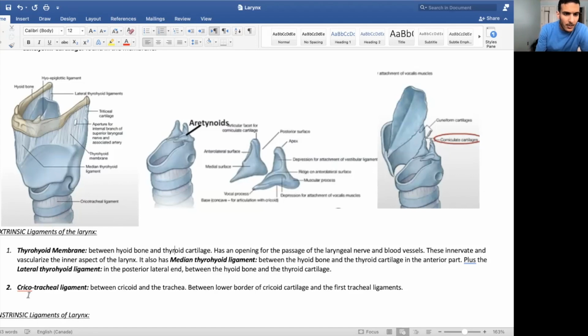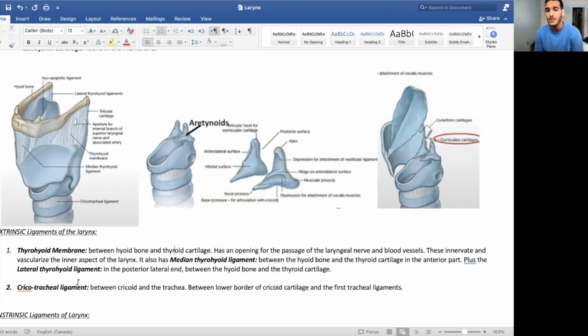Then we're going to talk about the cricotracheal ligament. The cricotracheal ligament is basically the ligament between the cricoid cartilage and the first ring of the trachea. Very straightforward.